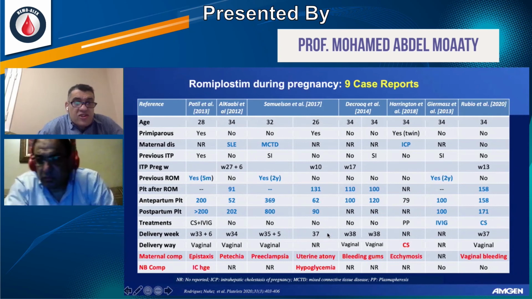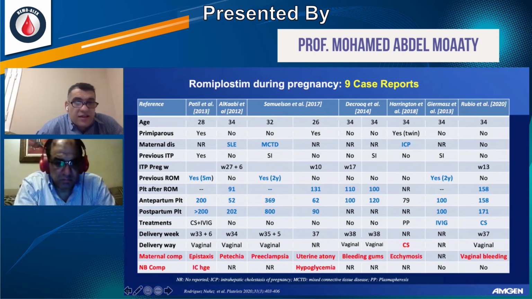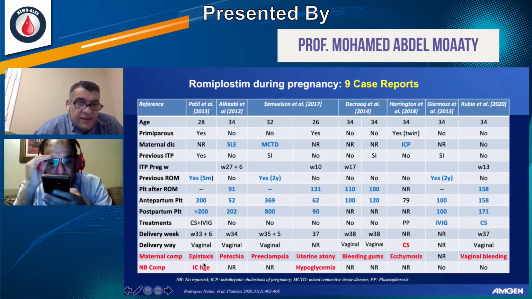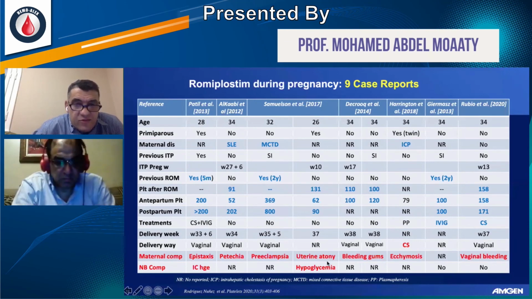The maternal complications were mainly due to the ITP: epistaxis, petechiae, bleeding gums, ecchymosis, and vaginal bleeding. Newborn complications occurred in 2 patients only, in the form of intracranial hemorrhage due to newborn thrombocytopenia, and in one case hypoglycemia due to the use of insulin during pregnancy.